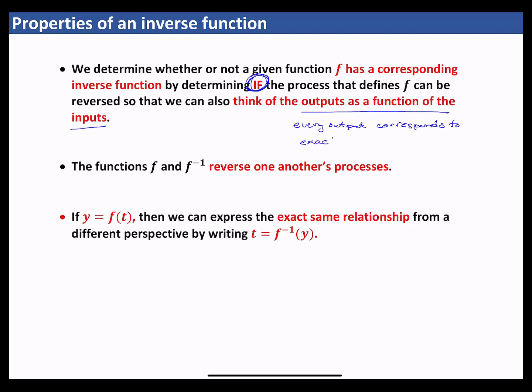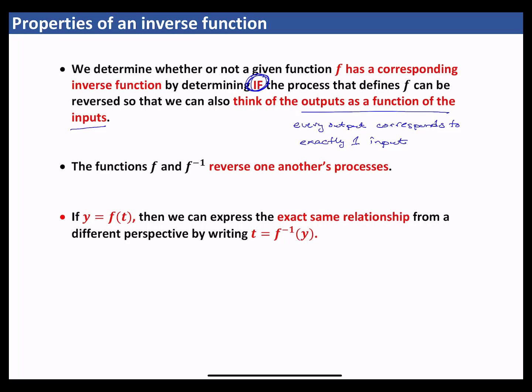We know that if y equals f of t, then we can express the exact same relationship from a different perspective by writing t equals f inverse of y. To find the inverse function of f, we will reverse the process by solving for the input variable.